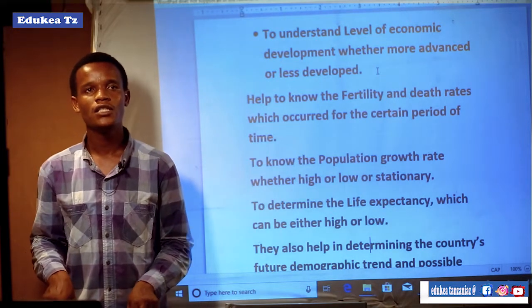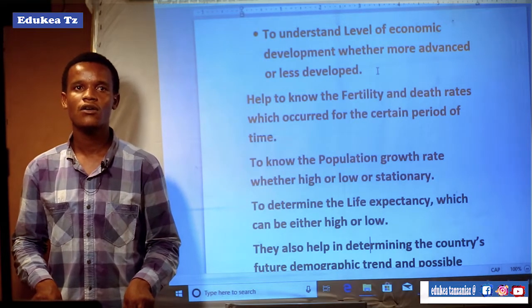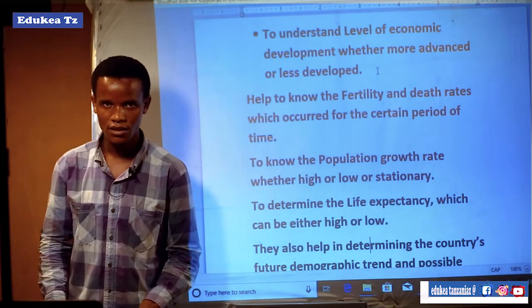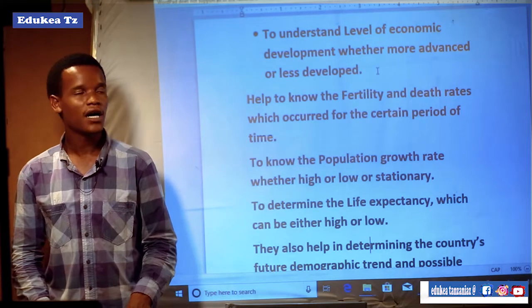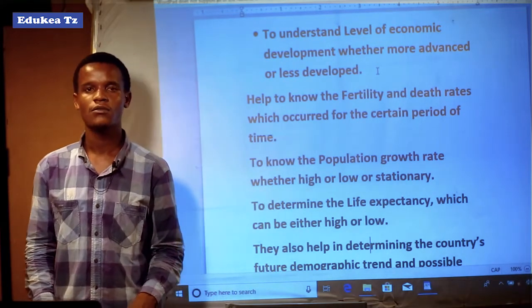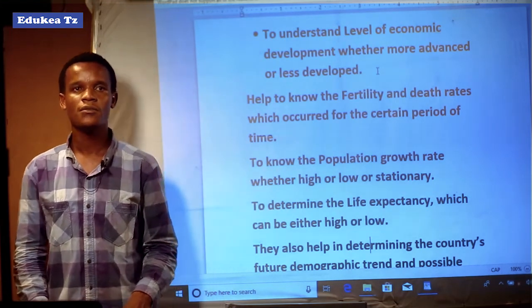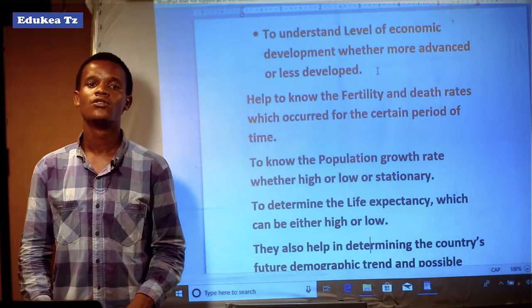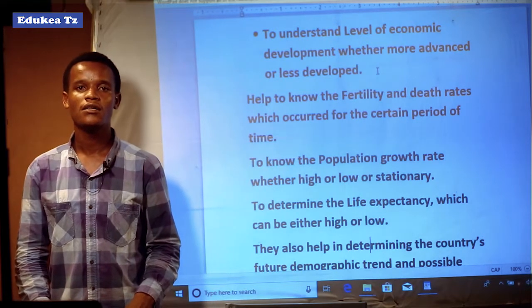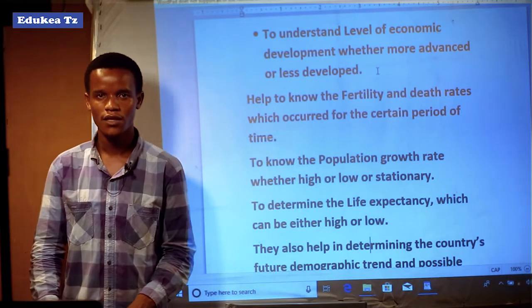As we know, China is among the developed countries in the world. You can compare China with Tanzania today. They differ in the level of economic development. So the age-sex pyramid plays a great role in showing and determining the economic level of people from different countries.